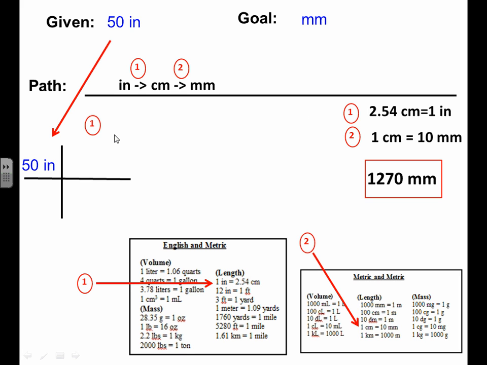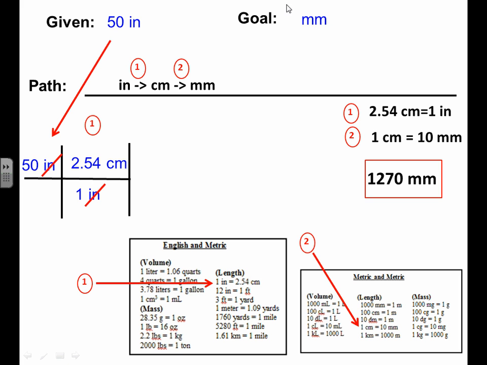So I know my first conversion goes right here. And I know that 1 inch equals 2.54 centimeters. Since I have inches on top, inches has to go on bottom. And 1 inch is equal to 2.54 centimeters. Inches on top cancels out inches on bottom.